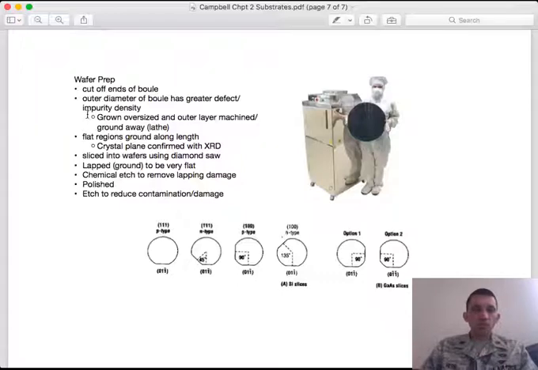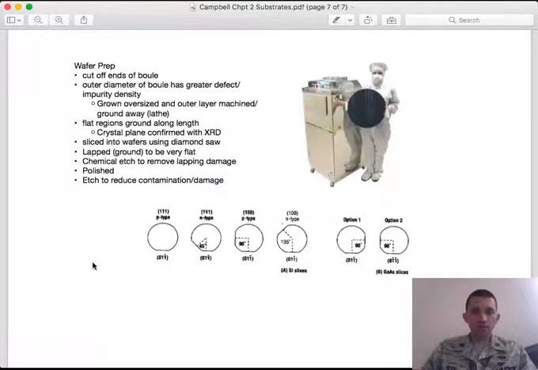You also have a higher impurity and defect density in the outer diameters, so you're going to machine away some of that lower quality material, leaving you with basically a cylindrical boule. Then you're going to slice that into wafers and grind and polish those wafers to be a very flat surface.